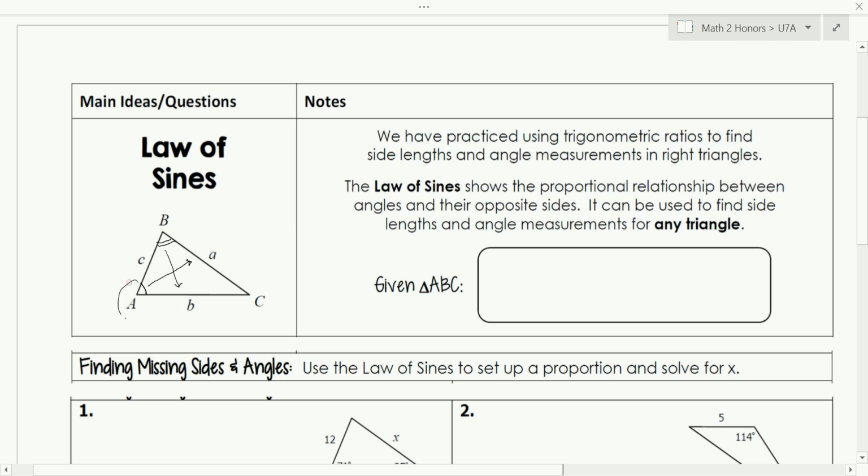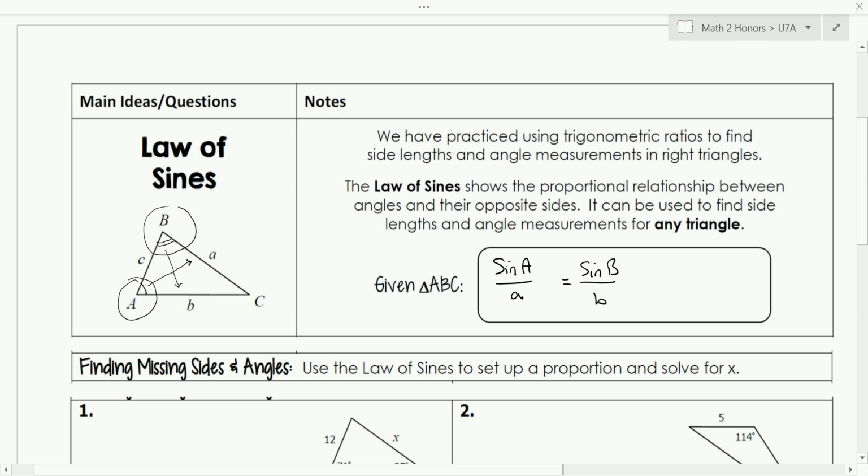Okay. So there's this relationship. If you take the sine of that angle divided by the side across from it, so the sine of A over side length a, that's proportional to the sine of any other angle in the triangle over its opposite side, so sine of B over b.